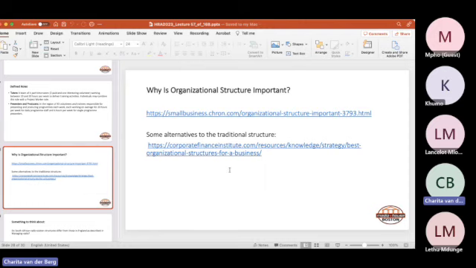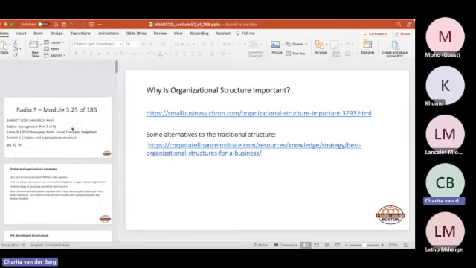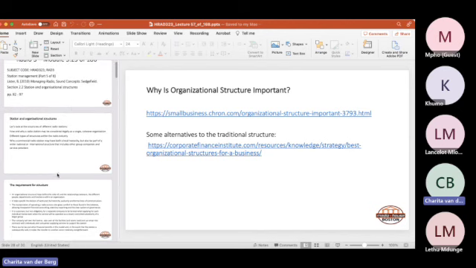So then you can go and have a look here. It gives you some structures of radio stations. And why is it that these organizational structures are so important? Lots of reasons, but we need structure. We need to understand the differences.